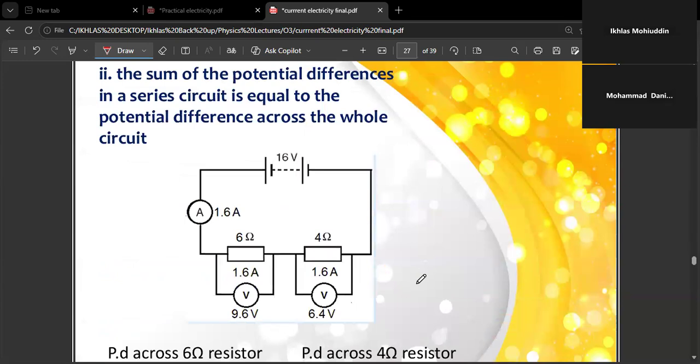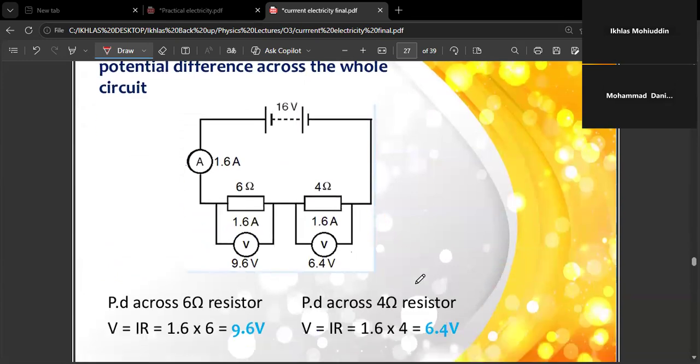But when we are talking about a series circuit and we need to find the potential difference on every resistor, what would be the formula if the current is the same on both? So 1.6 will appear on both resistors because it's a series circuit, but the potential difference will be different, depending on the value of the resistor.